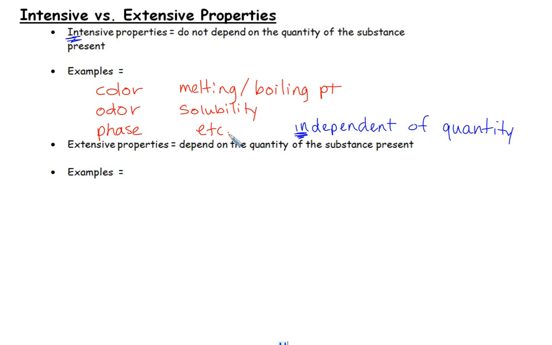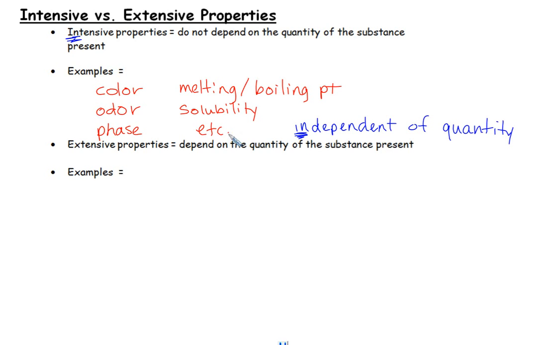I can observe odor, whether I have 1 little drop of ammonia or an entire bottle of ammonia. I take the cap off the bottle. Ammonia has a very distinct odor to it. I can tell that it's a colorless liquid with this distinctive odor. These are all properties that are observed regardless of the quantity.